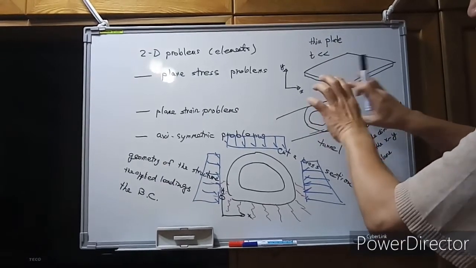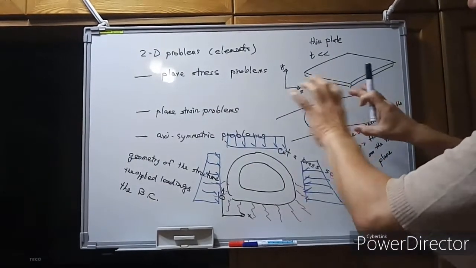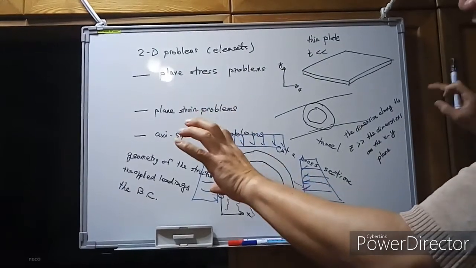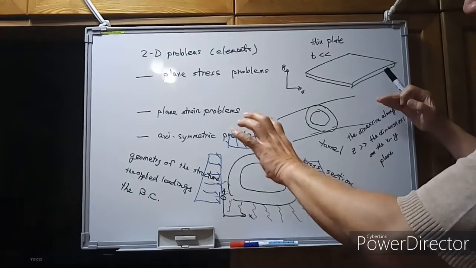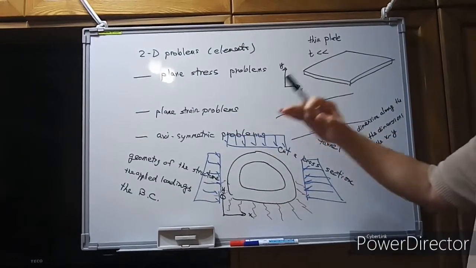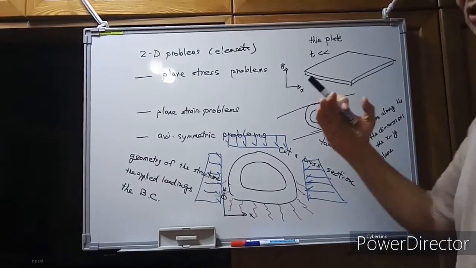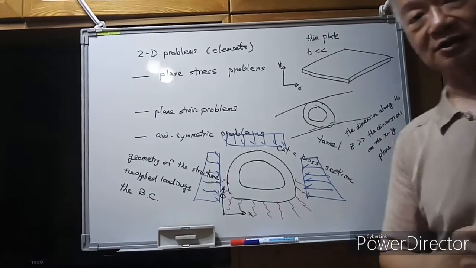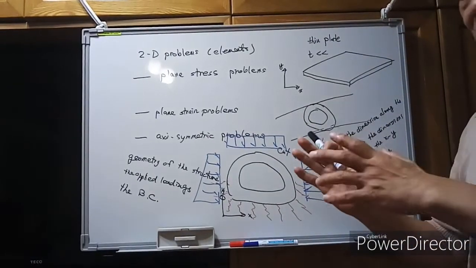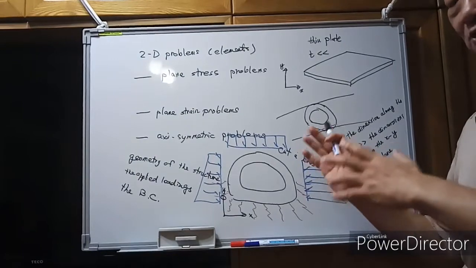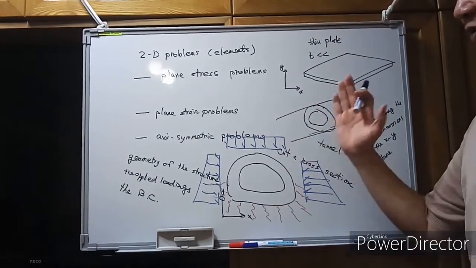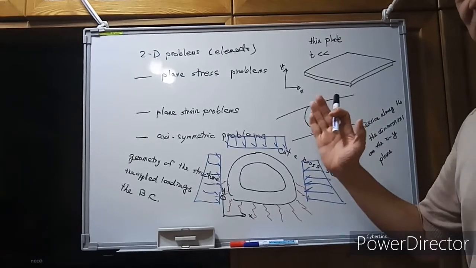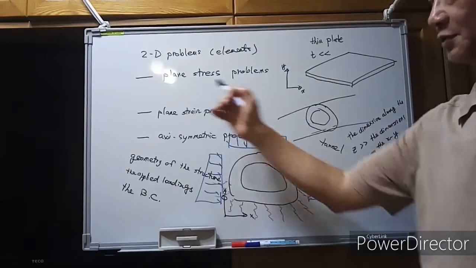The dimension along the z direction, the axial direction of the tunnel, is much larger than the dimensions on the xy plane. That's the assumption of the plane strain problems. So remember the basic assumptions of the plane strain problems.